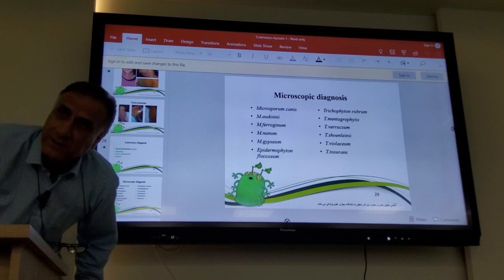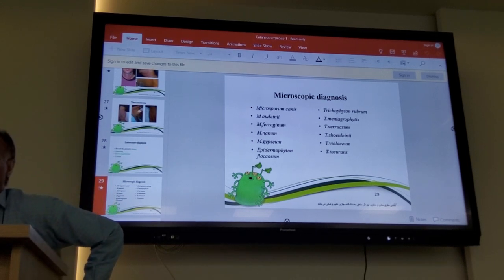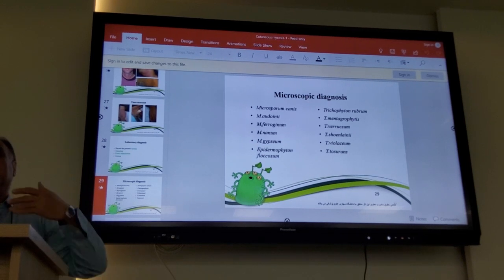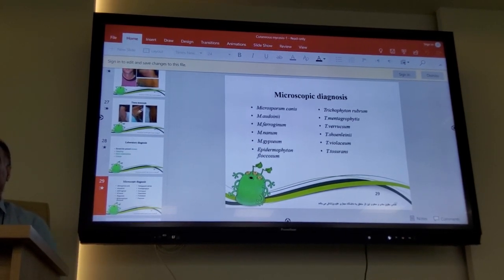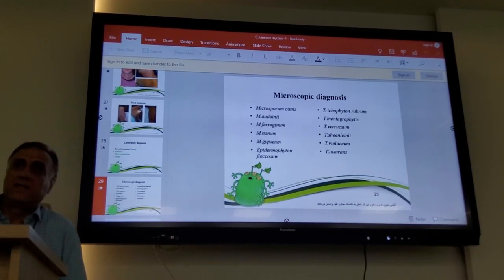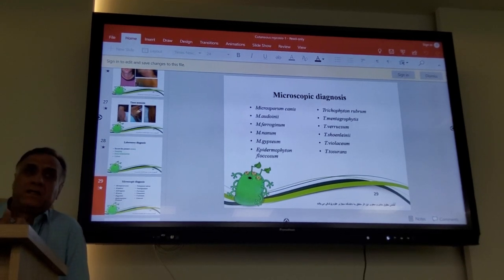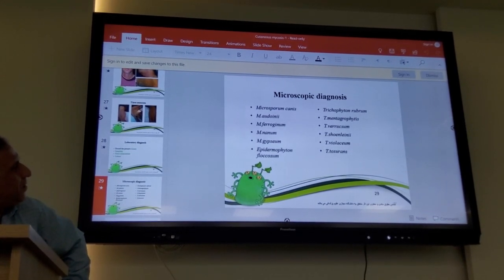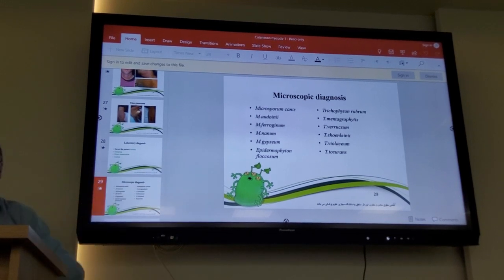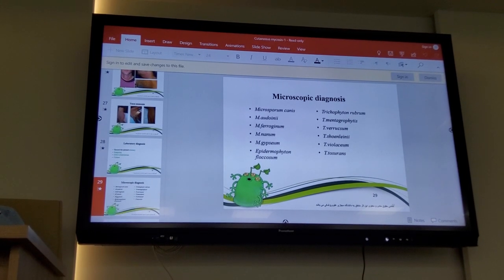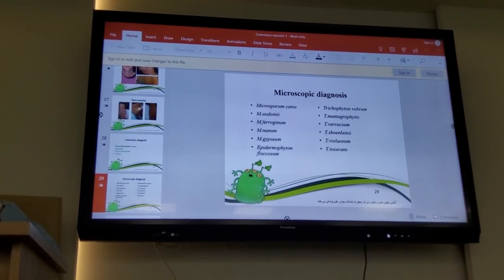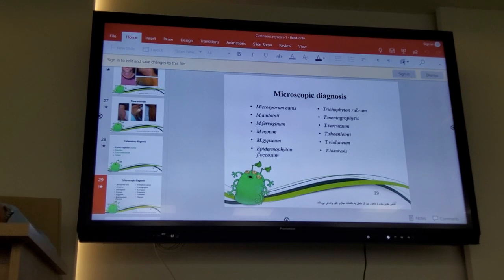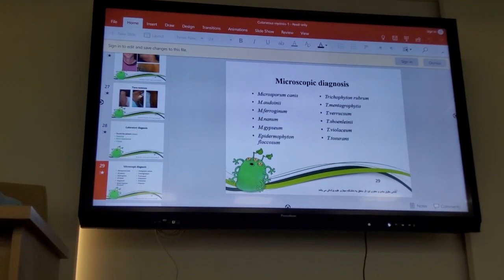Why? Because you can find it on cow and sheep skin, and some people who work with these animals can be affected, showing tinea capitis in children and tinea barbae in adults. Trichophyton schoenleinii is the main dermatophyte for tinea favosa, the favus type of dermatophytosis.